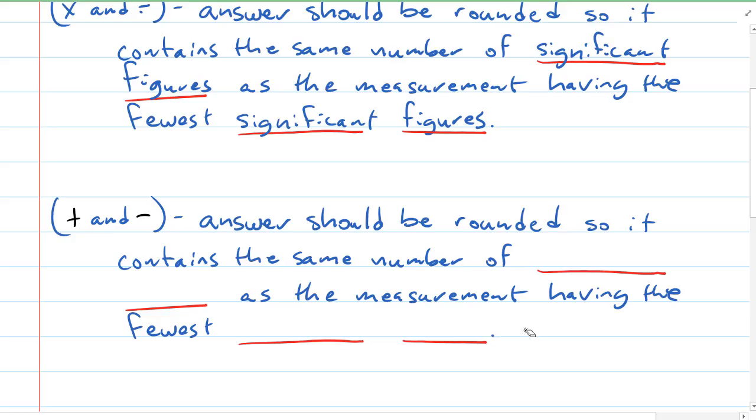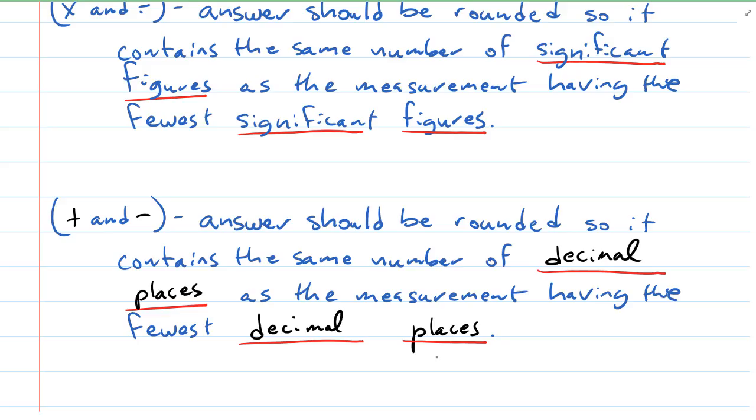And I know if you've done your homework, you've seen this already. I'm going to replace the significant figures with the words decimal places. So it's basically the same definition, but instead of dealing with significant figures, we deal with decimal places.